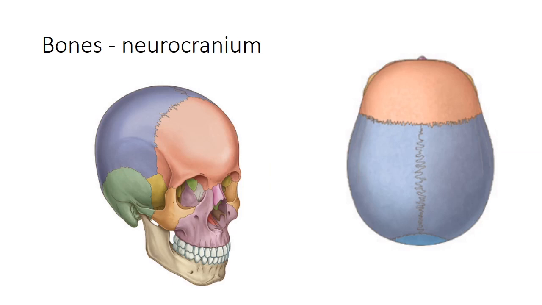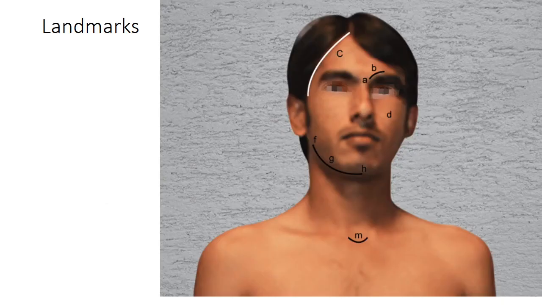Then we will discuss many times the bones of the neurocranium and their structures, so we don't go into detail on this. We also know the landmarks. These are the important bony landmarks.